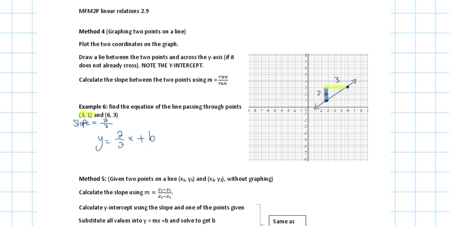I'm going to plug them in for x and y, and solve for my b. Do you guys understand that part? So, x is 3, y is 1. So 1 equals 2 over 3 times 3 plus b.